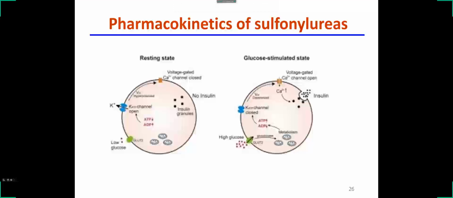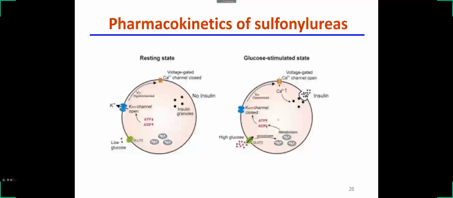So again, sorry for the resolution, but remember that in a glucose stimulated state, the point of the sulfonylureas, got it right, is we want to target what beta cells there are around to stimulate insulin release. Okay, that's why we can't use these on people that don't have beta cell function.